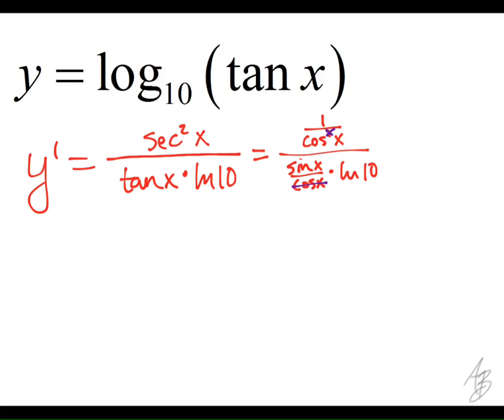And then probably the best way to rewrite it then would be 1 over the sine of x times the cosine of x times the natural log of 10. Again, this manipulation would be possibly necessary if you're trying to match it up to a multiple choice option. Cool?